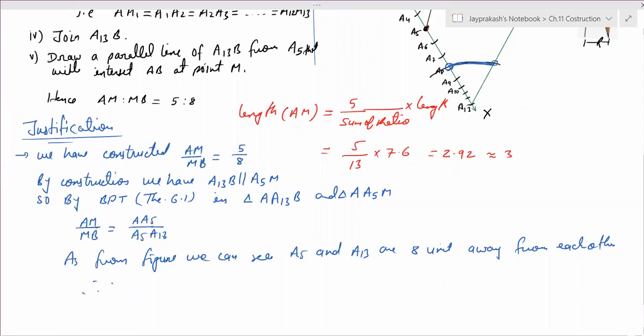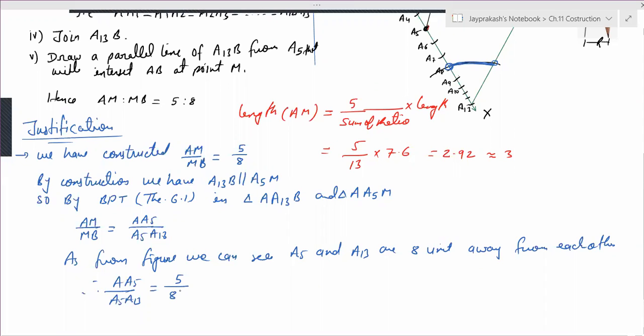So therefore we can write here A5 upon A5 to A13, that the first part is 5 unit away and the next part is 8 unit away.